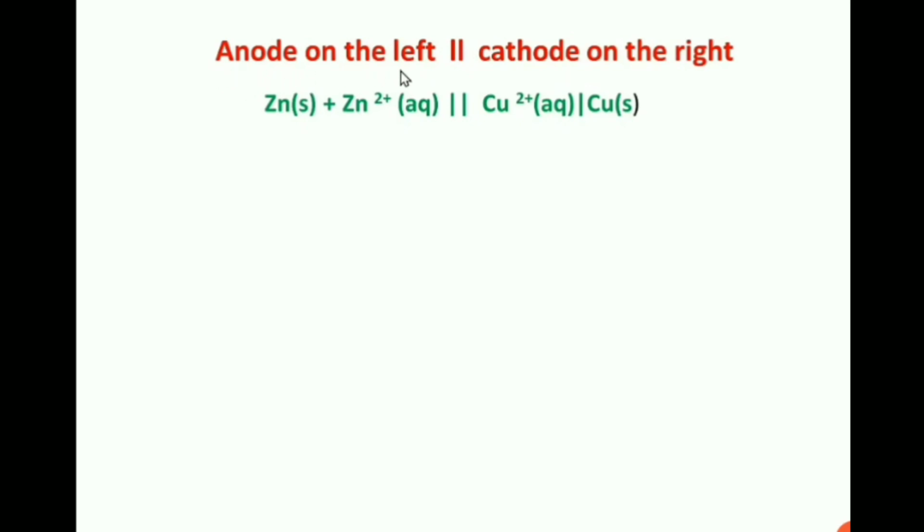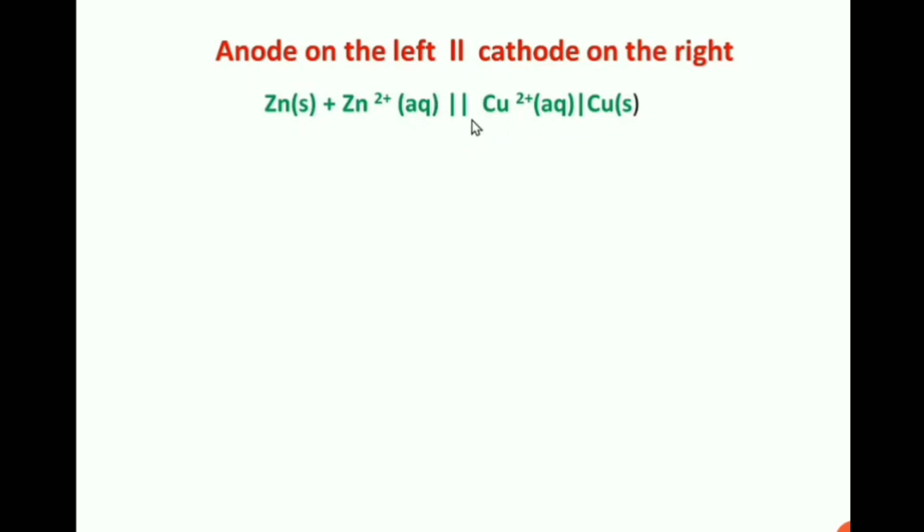In the case of the Daniell cell, a zinc rod dipped in zinc sulfate solution acts as the anode and a copper rod dipped in copper sulfate solution acts as the cathode. Two aqueous solutions are separated by a salt bridge. Here two half cells are present. In these two half cells, an electrode potential is created.